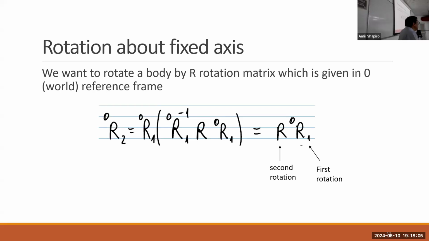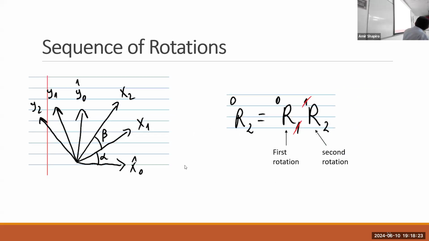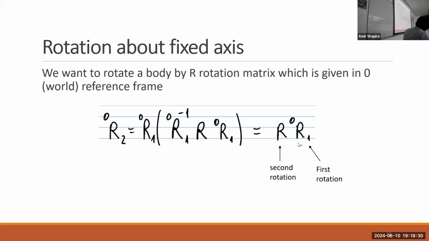But if I want to rotate something around a fixed axis, so I want to rotate around the x-axis of the global frame, the world frame, then the rotation is done not from right to left, but from left to right.